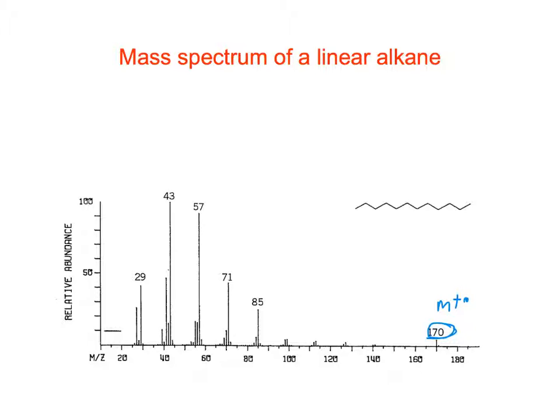So this is an even mass, right? What about all the fragment ions that are at least labeled? They're all odd, right? So these are all even electron ions, and they're all odd masses.